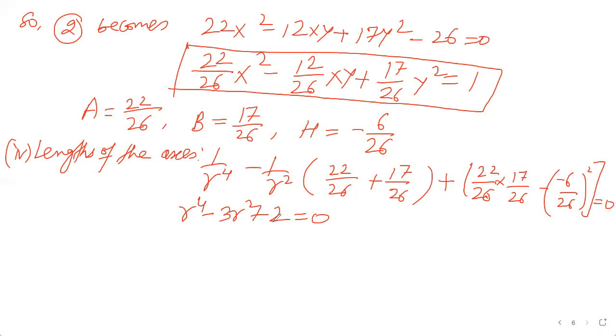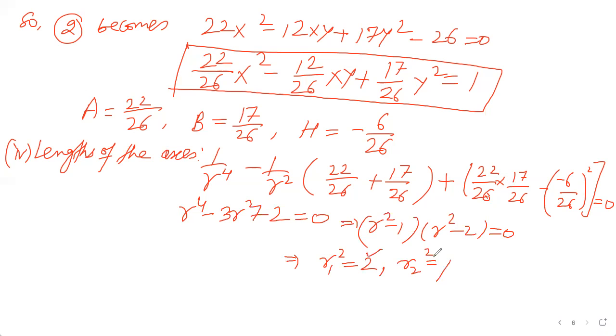Two roots are there, 2 and 1, so you can write (r square minus 1)(r square minus 2) is equal to 0. So this implies that r1 square is equal to 2 and r2 square is equal to 1. Taking the roots, one root is root 2, one root is 1, where r1 and r2 are the semi major and semi minor axis lengths.